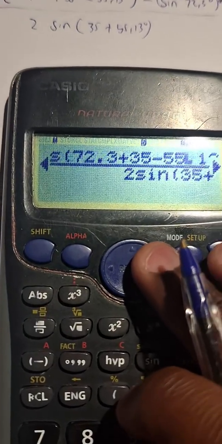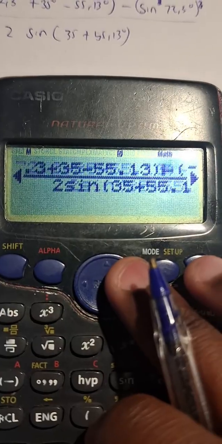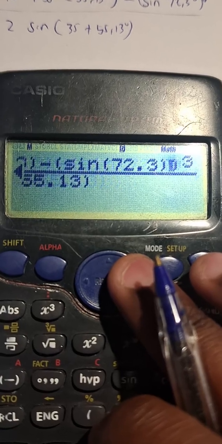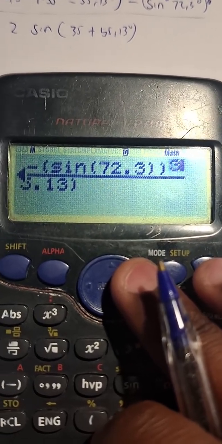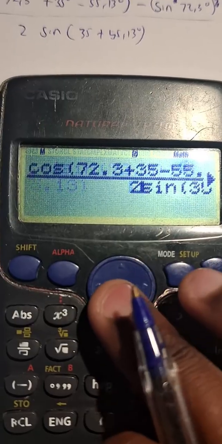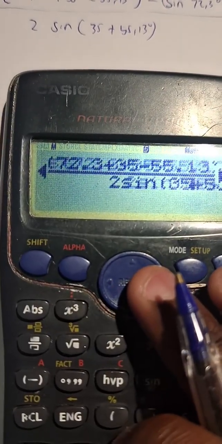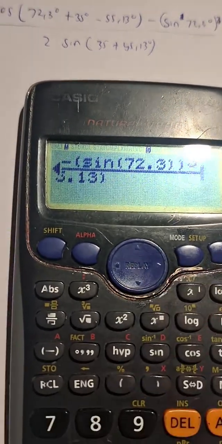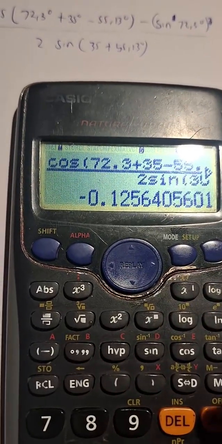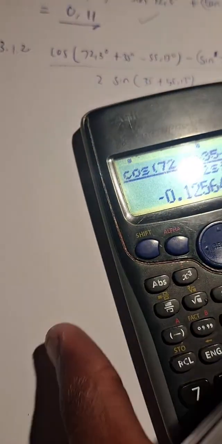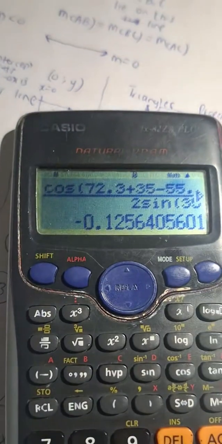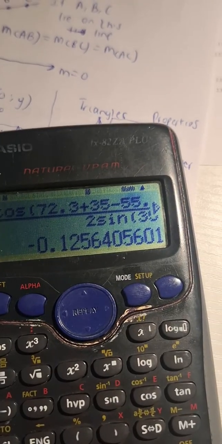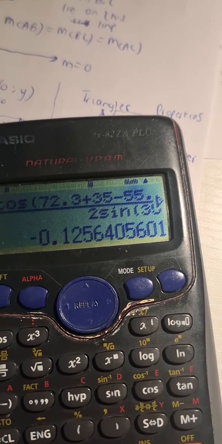But you see how important it is to verify that in the calculator whatever was there is actually present. It's key when you say equal. Our answer is negative 0.13.